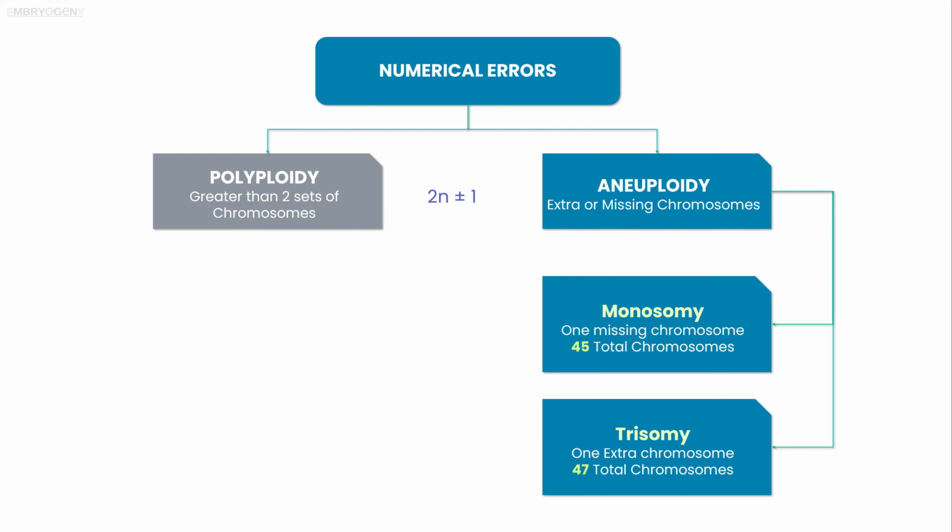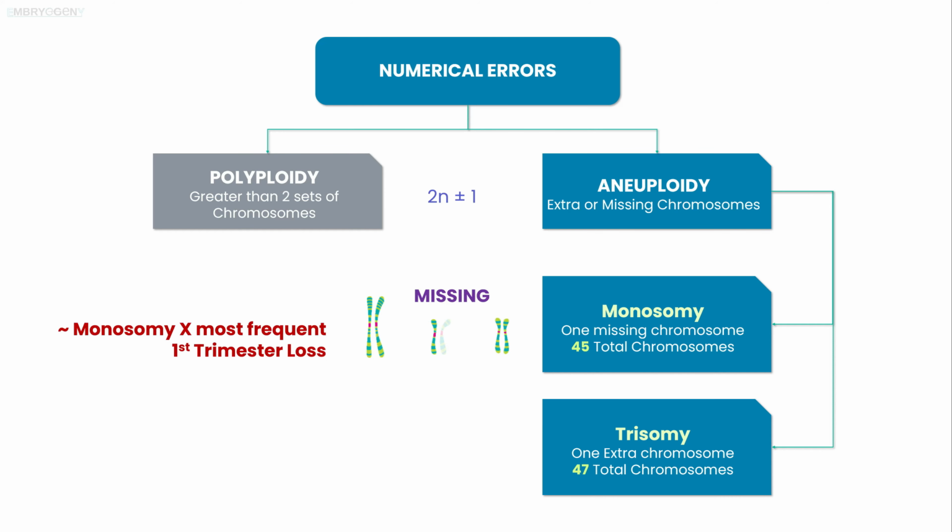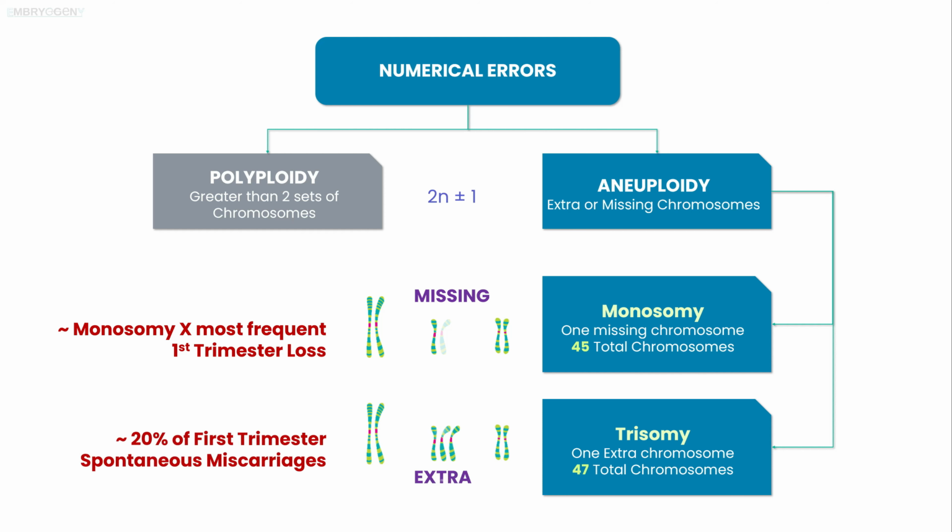The next numerical error is when there is deviation from the total 46 chromosomes, and this is called aneuploidy. So one less chromosome makes it monosomy, where you have a total of 45 chromosomes, while one more chromosome makes it a trisomy, giving it a total of 47 chromosomes.